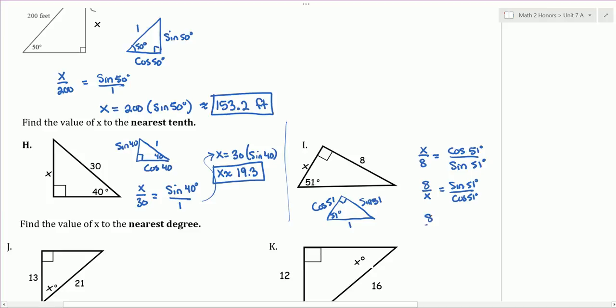So now we have 8 over x is equal to tangent of 51 over 1. When you cross multiply now, we get x times the tangent of 51 degrees is equal to 8 times 1.